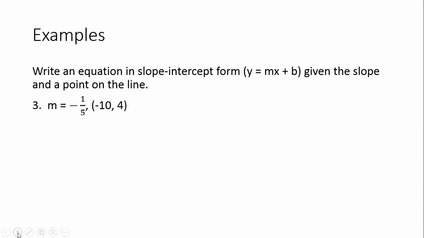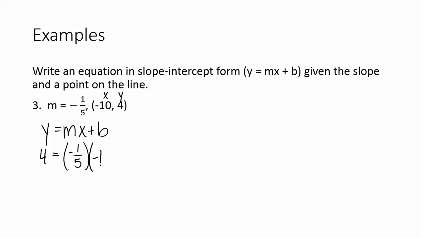In the next example, we have slope of negative 1/5 and the ordered pair negative 10, 4. So if we write y equals mx plus b, remember an ordered pair is always x comma y, so we're plugging this 4 in for the y, bring down the equal sign, my slope is a negative 1/5, and the x is a negative 10, and then I bring down the plus b.